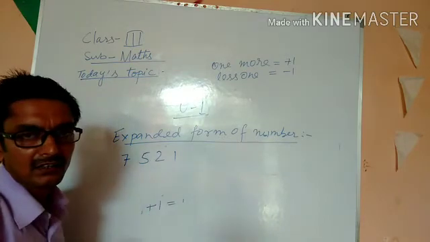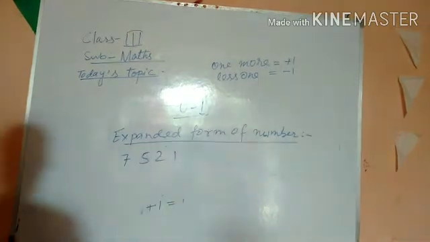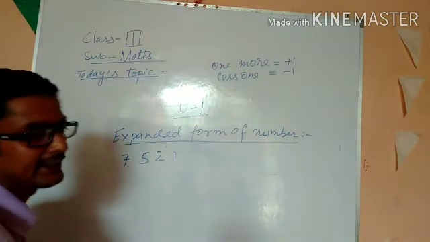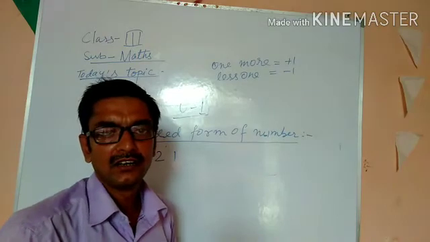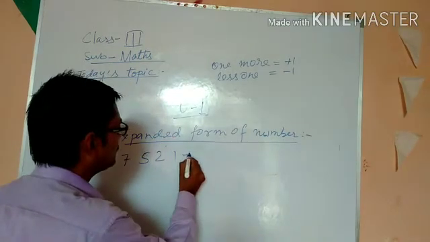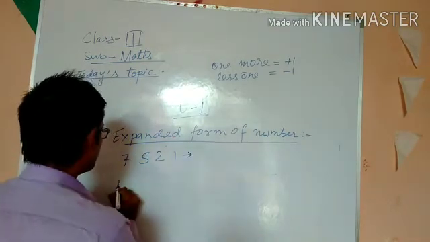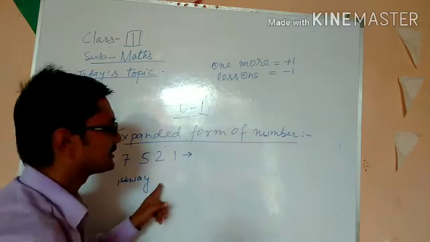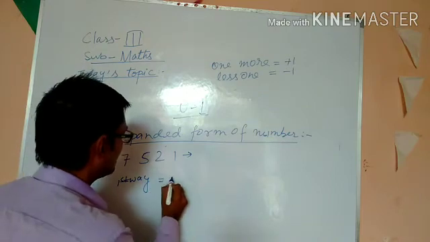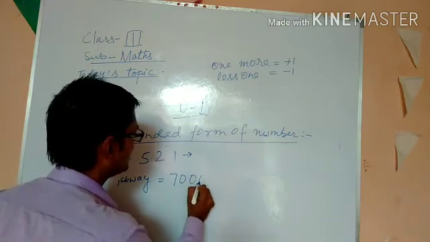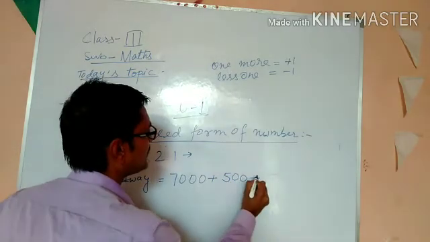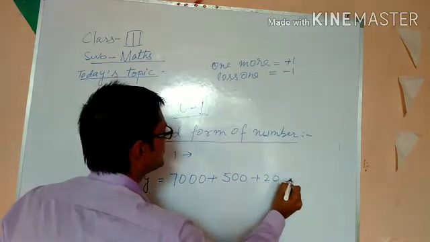Is it clear? So I am taking the example 7521. Now you are asked to write down the expanded form. Expanded form can be written in 2 ways. First of all, the first way to expand this number is like this: 7000 plus 500 plus 20 plus 1.